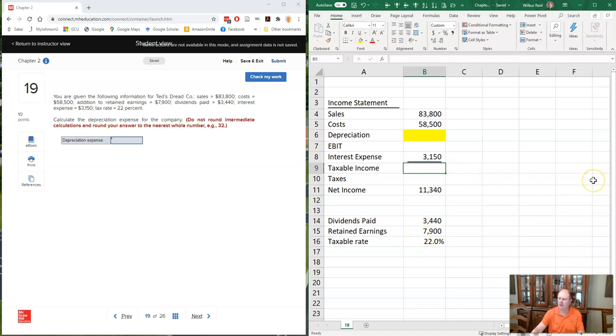This is where a little algebra comes in handy: taxable income times 22% is equal to the net income. So I'm just going to take that net income and divide it by 1 minus the tax rate.